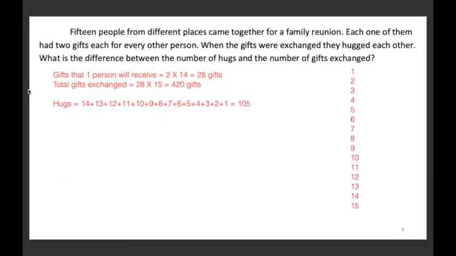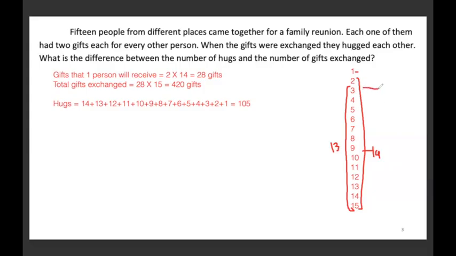Now, how did this come? Okay, I'll explain. So this one person, if he is hugging, he will hug the next 14 people. For the second person, because the first one has already hugged the second, we cannot have a second hug. It will be a repetition. So this second person will hug the next 13 people.